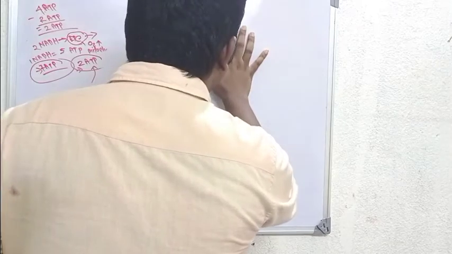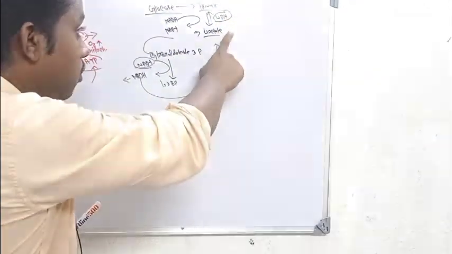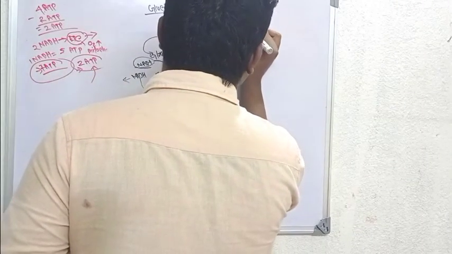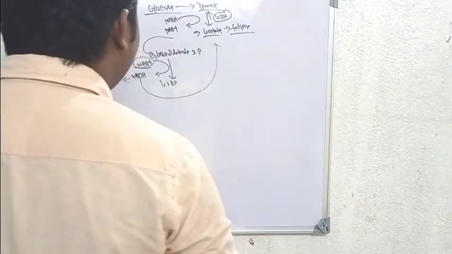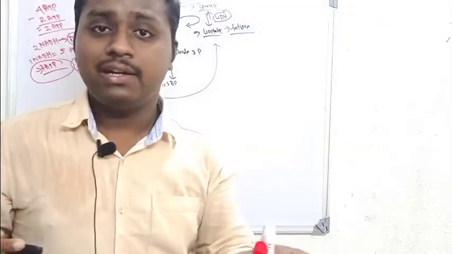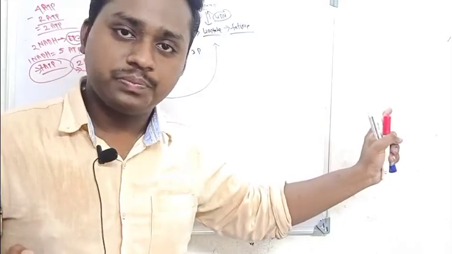But this does not happen all the time or for a long time, because lactate leads to muscle fatigue or any kind of tissue fatigue. So this is the result of anaerobic glycolysis, and I explained in the reaction how and why lactate is formed.